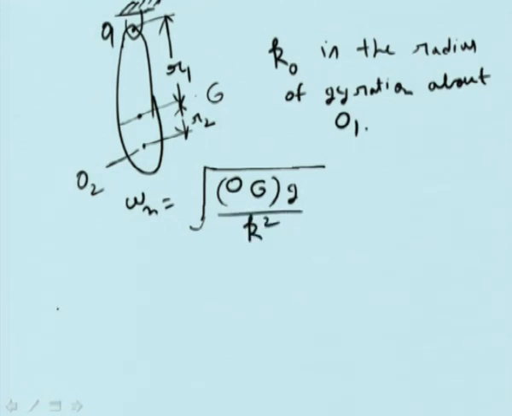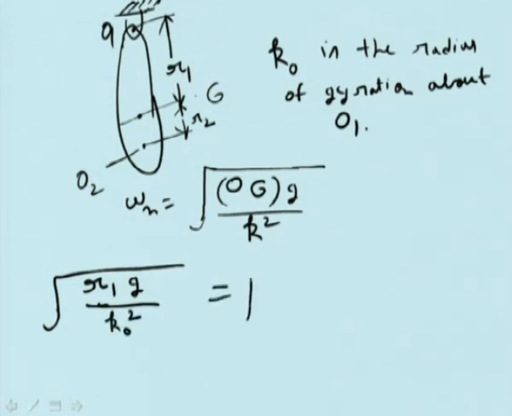So the same thing here: for the first case it is R1 multiplied by g divided by K0 square, and this is equal to R2 multiplied by g divided by the K square about O2.